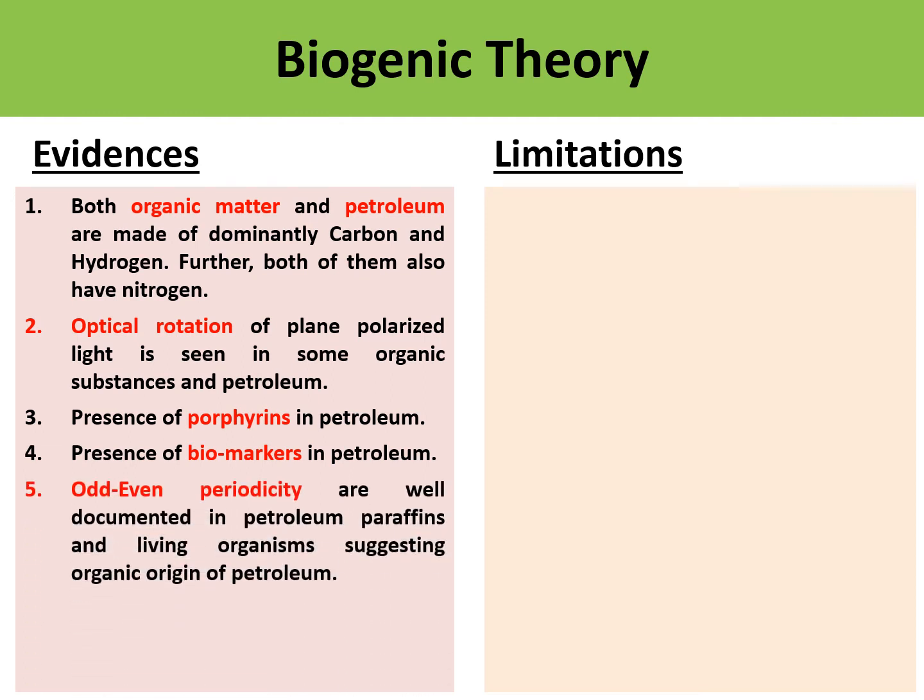So next we have the similarity of odd-even periodicity between petroleum paraffins and living organisms, which indicates the origins of that particular petroleum accumulation. For example, plants synthesize almost exclusively paraffins with an odd number of carbon atoms, in chains ranging from carbon 25 to carbon 37 in a variety of plants.